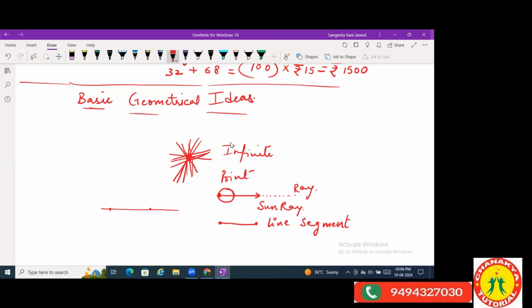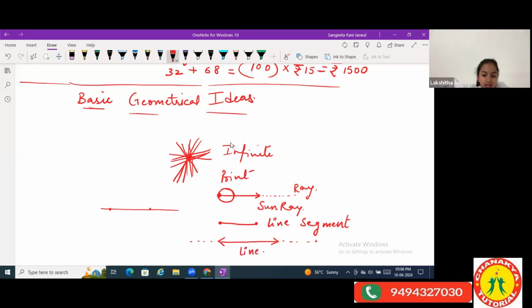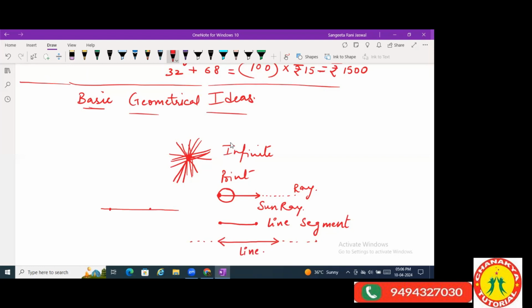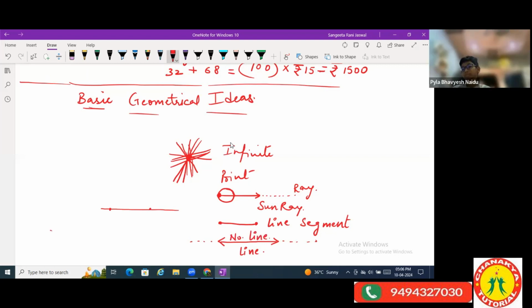Then what else do we have? If we have some line here which extends towards the right side and extends infinitely towards the left side also, this type of line is called a line, just line, as you have in maths the number line. You have studied about the number line.